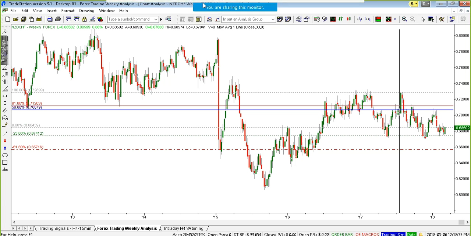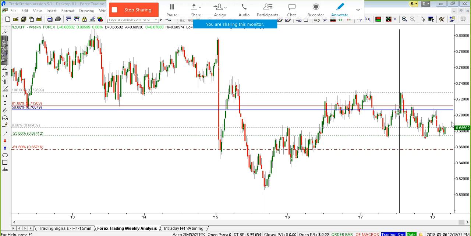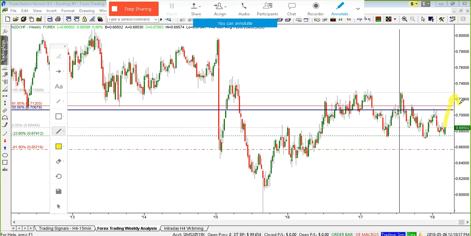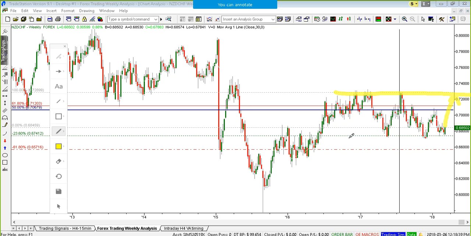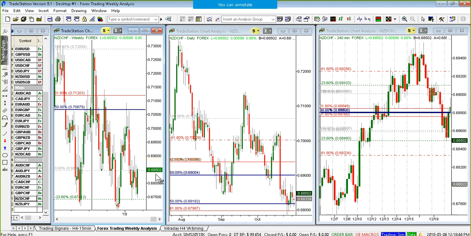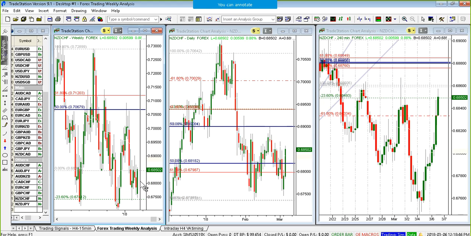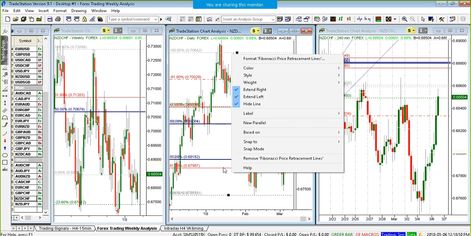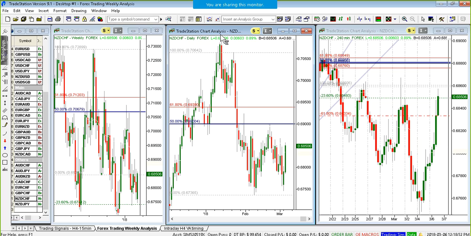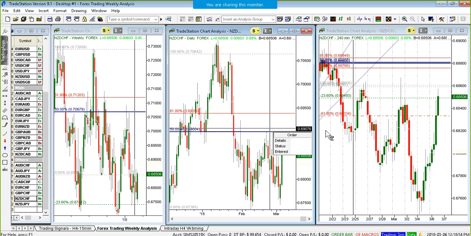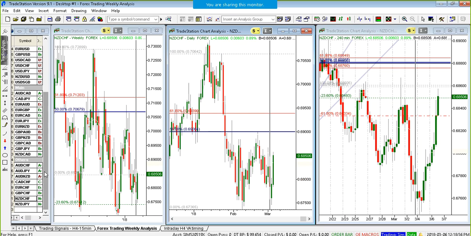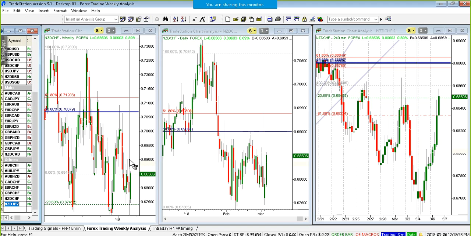So being a range, we could be seeing the start of the next move higher into the top of the range. So that's what we could be seeing here in this market. The next resistance is the level that has already traded. The 50%, 69, is the level that is likely going to be tested.